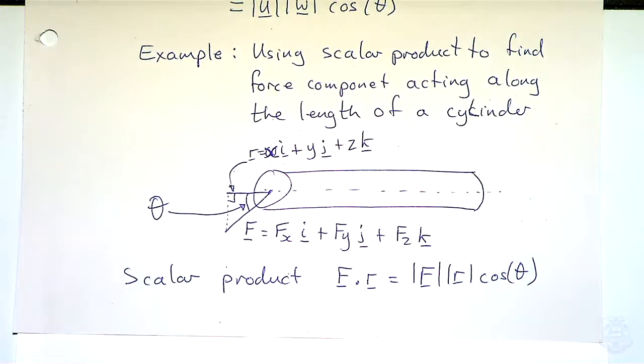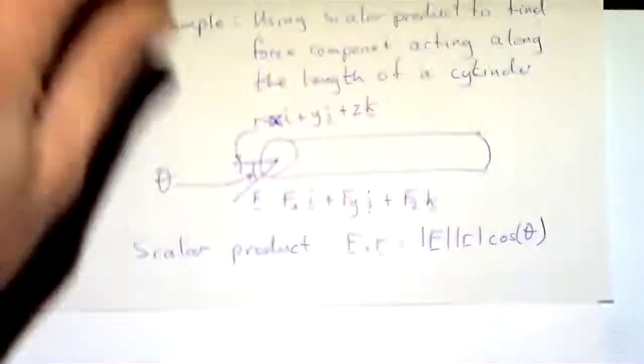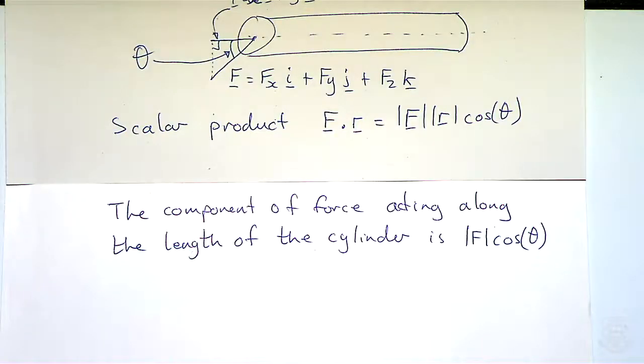We can see by trig that the component of force acting along the length of the cylinder is mod F cos theta, and so we can use a trick.